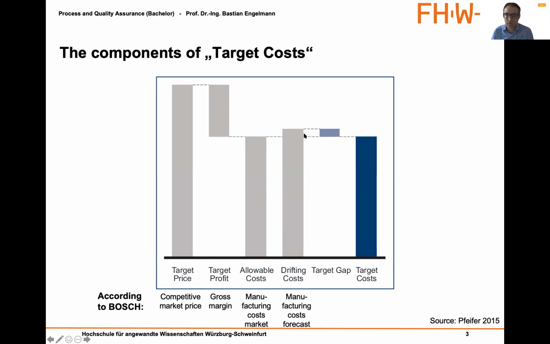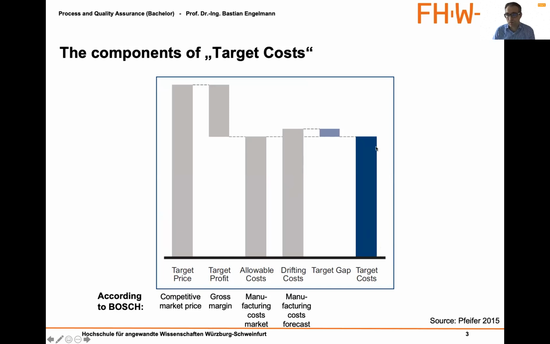In this example, the drifting costs are higher. So from here to here, this is the target gap. And the target costs, what we have here, is the drifting costs minus the target gap. But here we just see the target costs as a total.